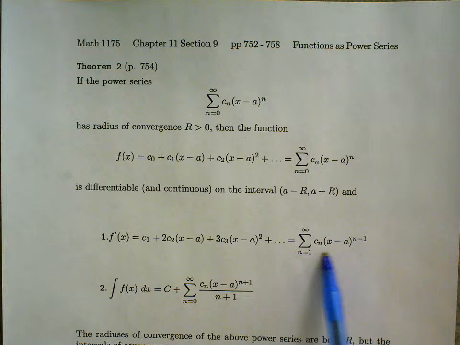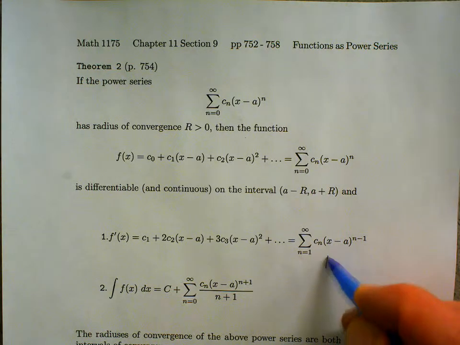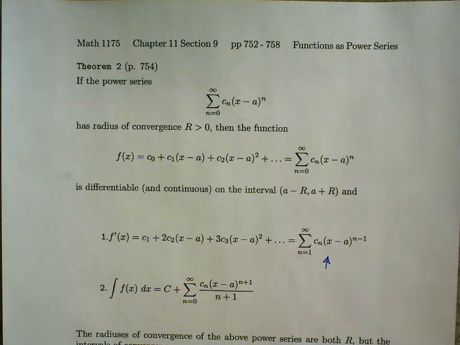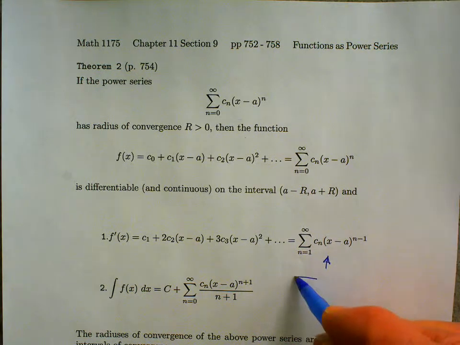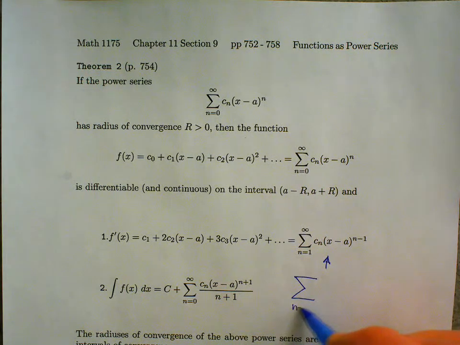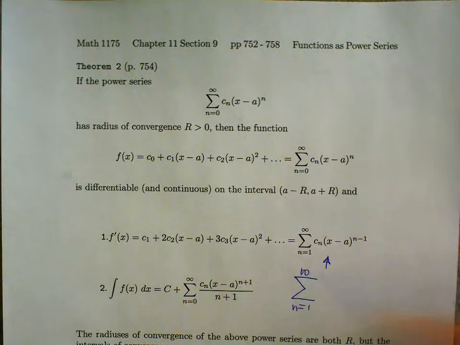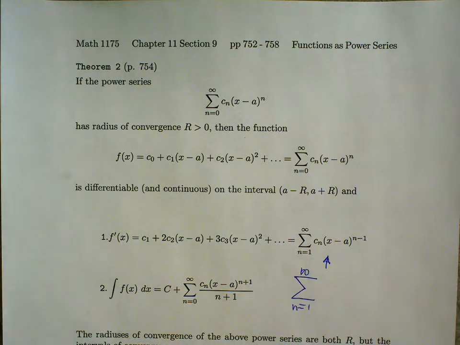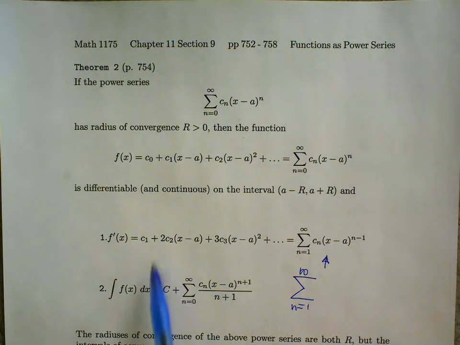Okay, there's something wrong with this formula. Do you see it? Okay, well, let's see. When n is 1, we have 1 times c sub 1.